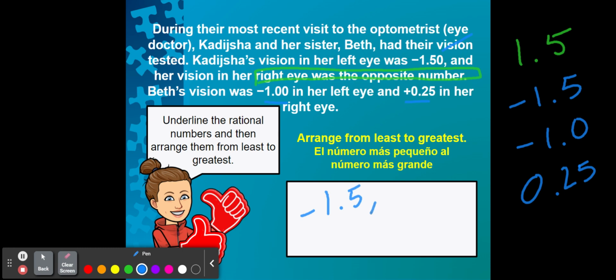Now, if I travel starting going to the right, the numbers are going to get bigger and bigger and bigger. So the next number I would hit would be negative 1.0. Then I'm going to start to get into my positives. So here comes 0. Then I keep traveling, and the next number I'm going to hit is 0.25. And then my largest number is 1.5.